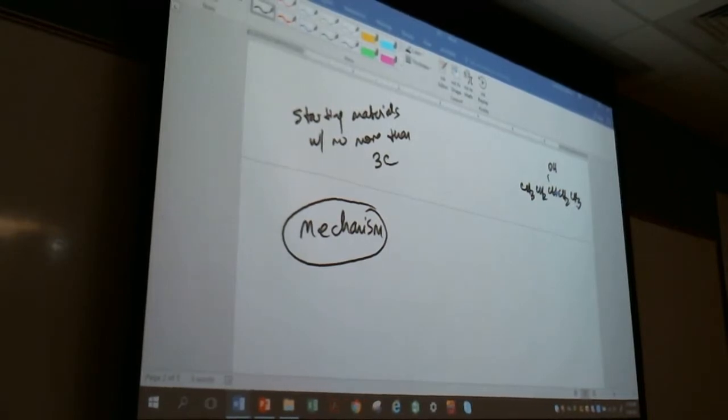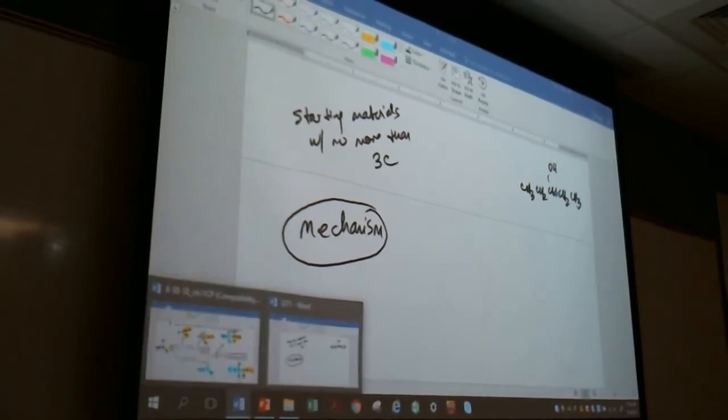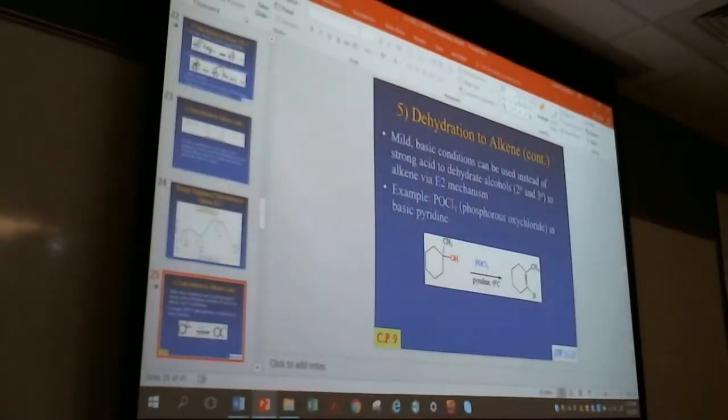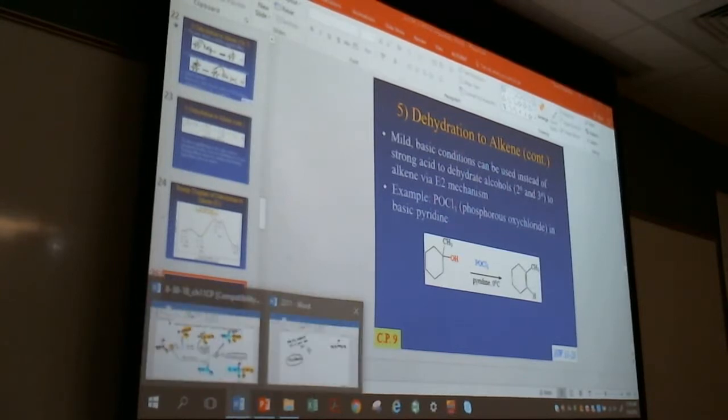So you need to get used to writing mechanisms. In a mechanism, I will give you the starting material, the reagents, the products, but you need to write step by step how this happens. So, let's look at that.